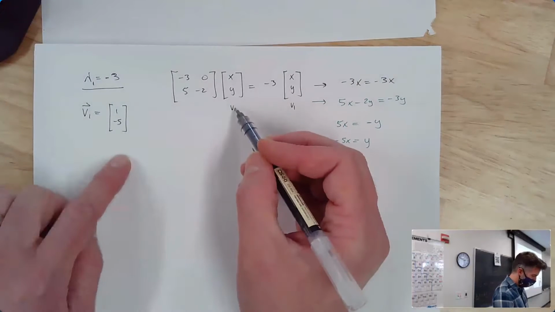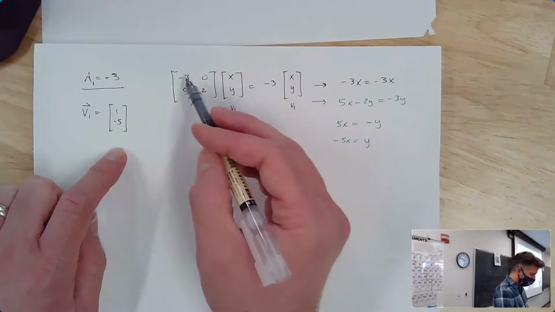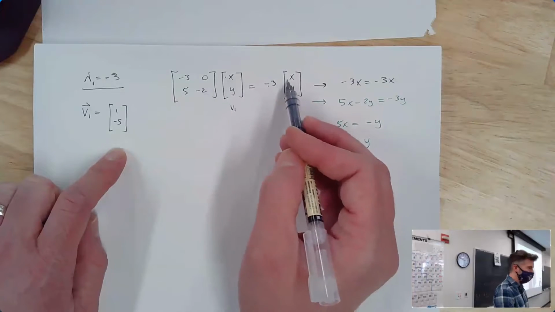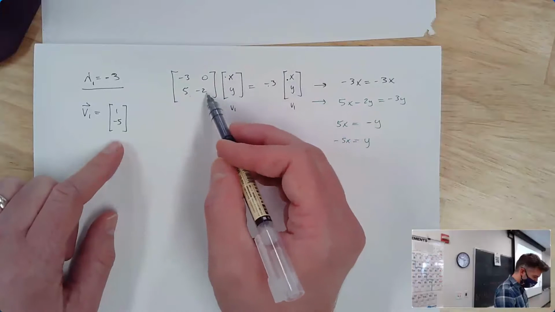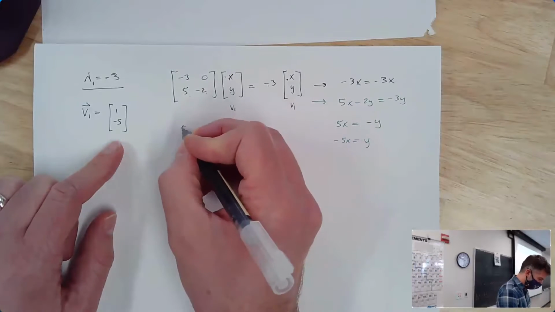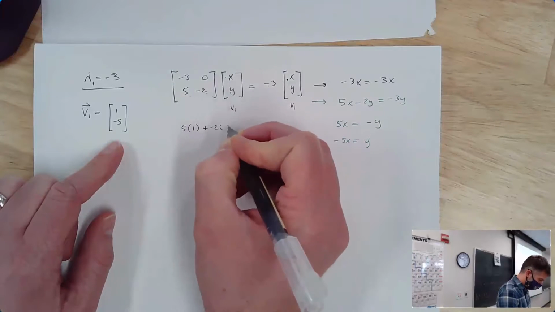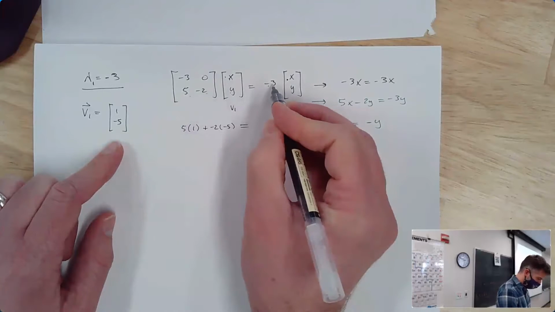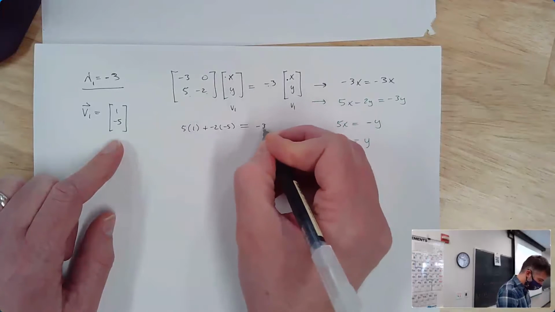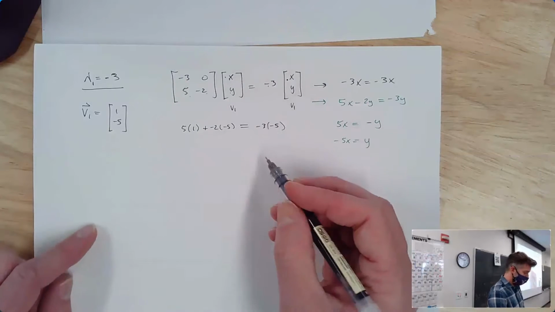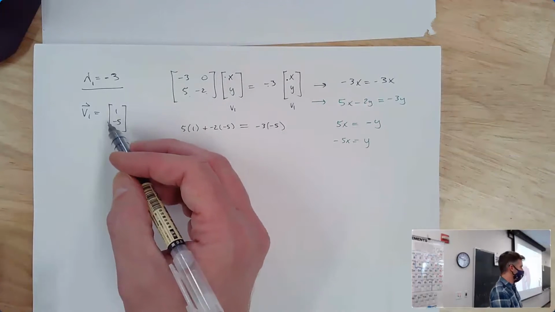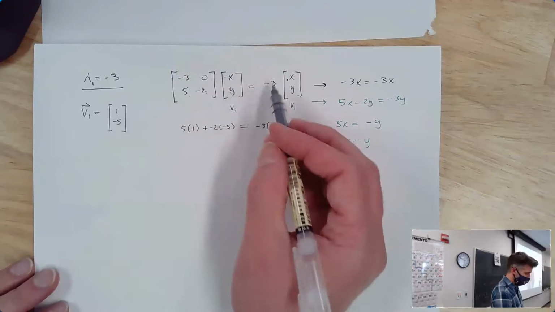If you plug in the eigenvector 1, negative 5 there, negative 3 times 1 gives you negative 3 times 1. Check. And 5 times 1 plus negative 2 times negative 5, is that equal to negative 3 times negative 5? It sure is. 15 equals 15. So that's the eigenvector, or one of the eigenvectors, the one I'm going to pick for this eigenvalue.